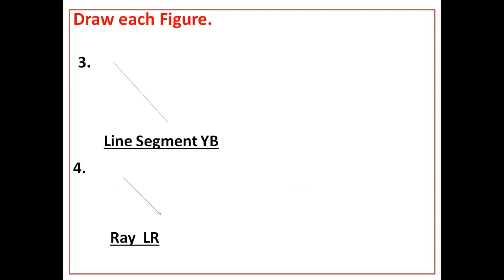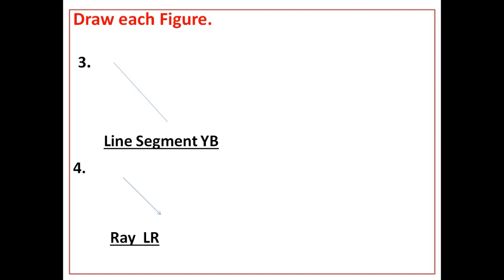Draw each figure. In our last lesson we learned how to draw a line, how to draw a line segment and how to draw a ray. Number 3, YB. YB is a line segment. We will draw a line segment.